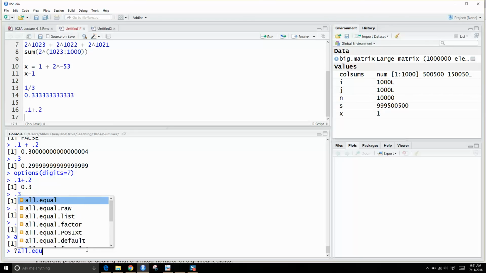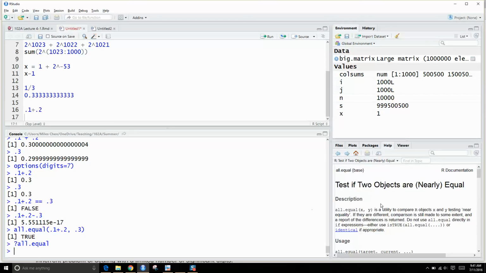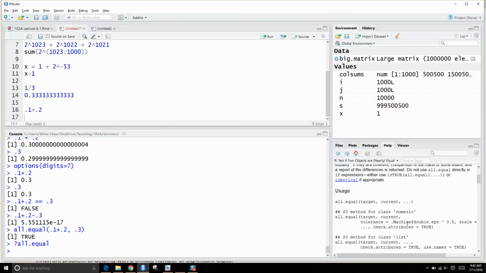So what is all.equal? It's a function that tests to see if two objects are nearly equal. My computer has something called machine epsilon, which is the difference between one number and another number that it can tell apart, and all.equal tries to see whether the difference is within the square root of that, basically a much larger tolerance than the true machine epsilon.